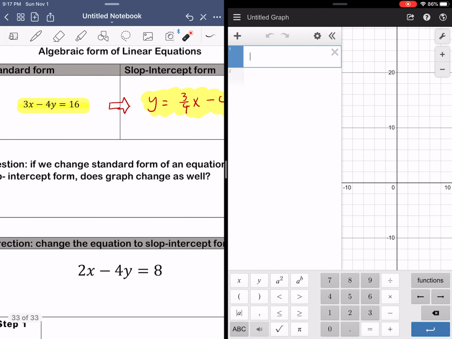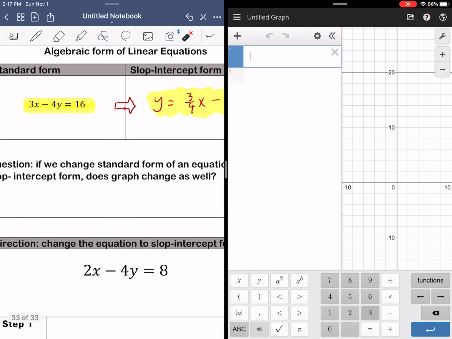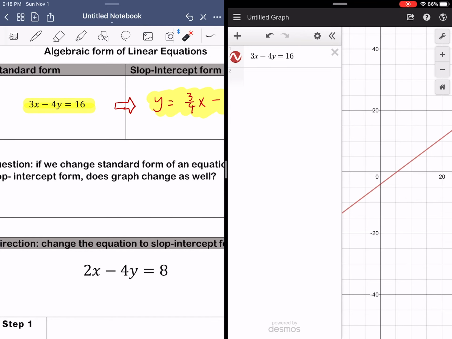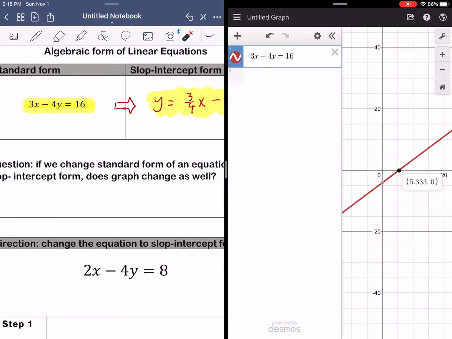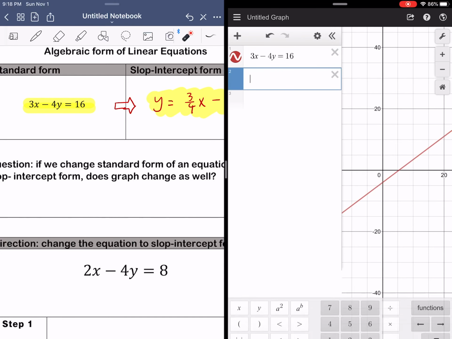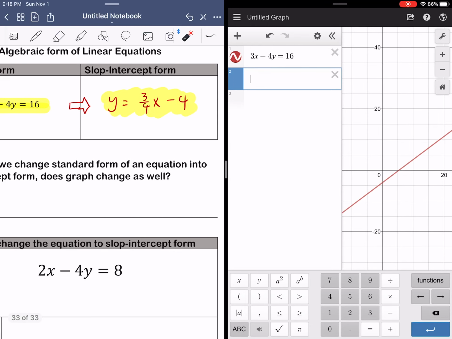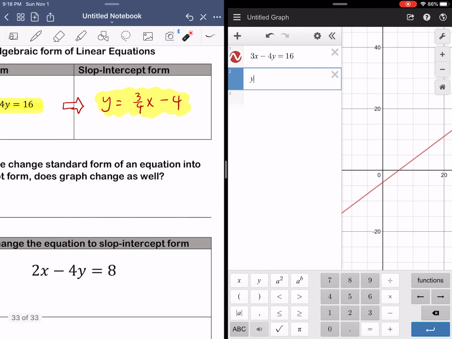Let's look at it here together. Let's say 3x minus 4y equals 16. So we have this graph, where the x-intercept is here and here. What about this one, y equals 3 over 4x minus 4?